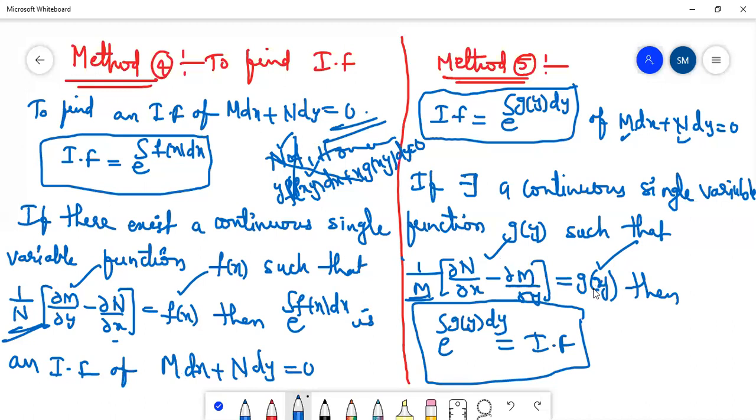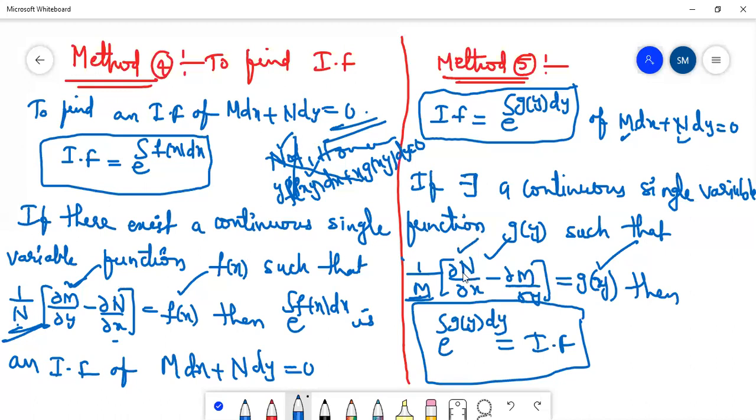When we use method 4 and method 5, first we check whether the equation is exact or non-exact. After taking the difference, the difference function is suitable to either N or M. If it is related to N, take the relation dou N by dou x minus dou M by dou y, and divide by N; if it is related to M, divide with M and start with the opposite.